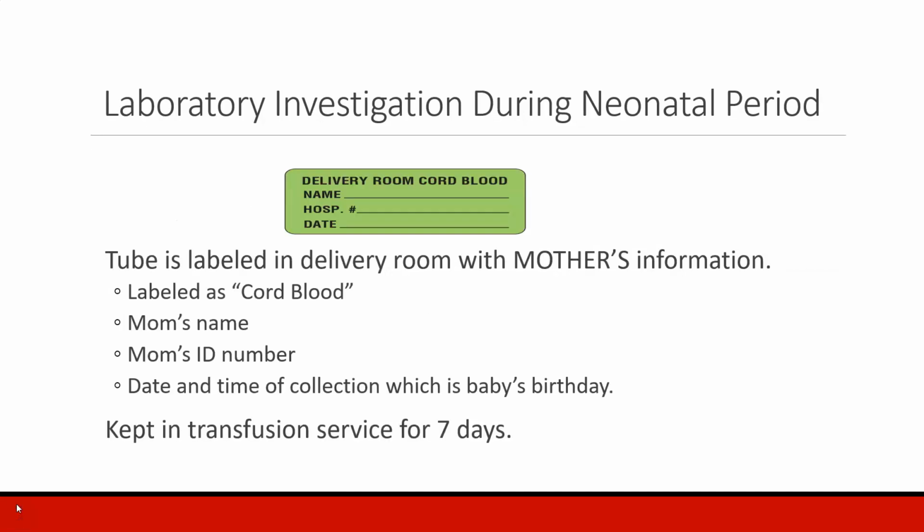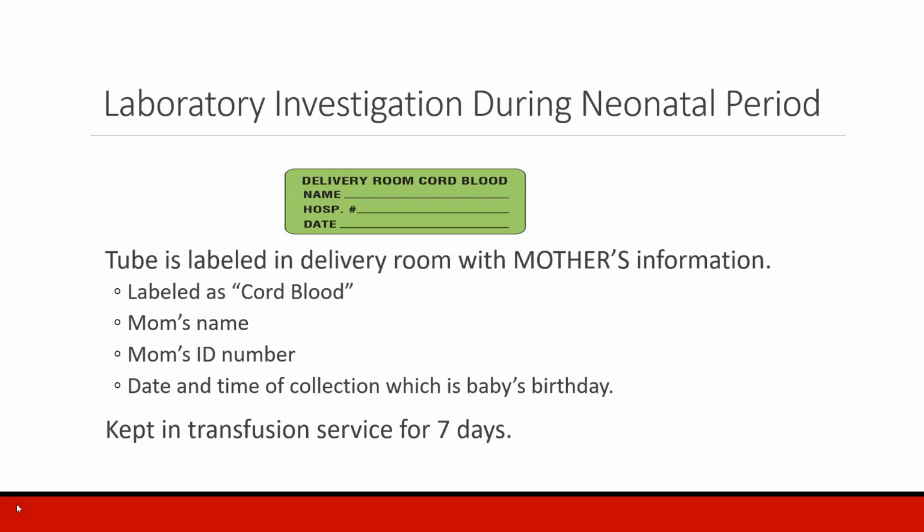The tube is labeled in the delivery room with the mother's information, and this is what drives students crazy. And we have a really distinct label, and it says delivery room cord blood or words to that effect. But again, it's labeled with the mother's information. But inside that tube is baby's blood. Cord blood equals baby's blood.